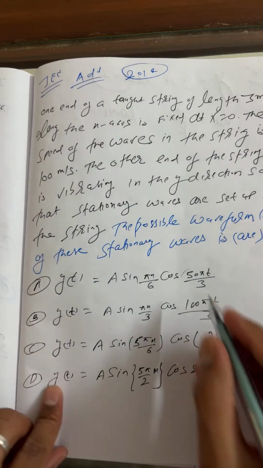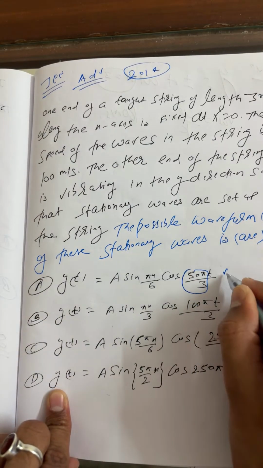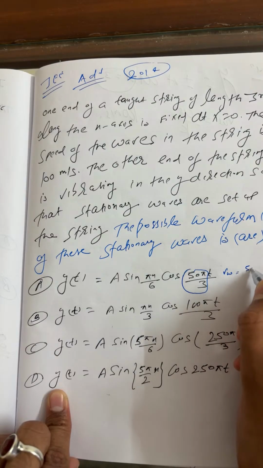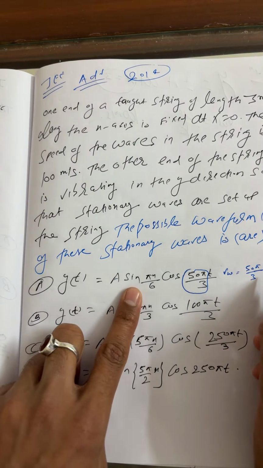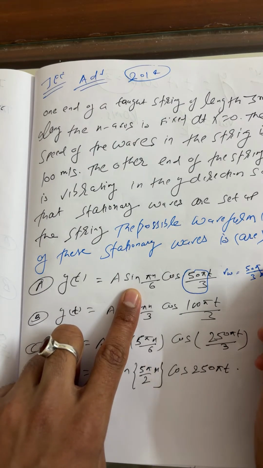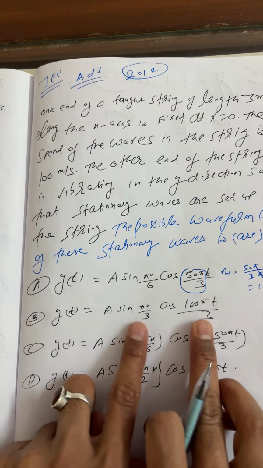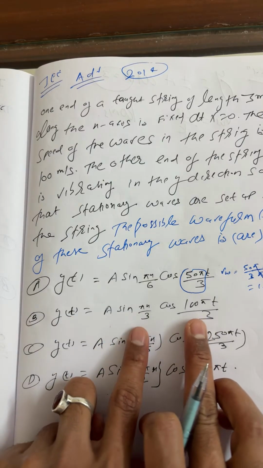Just have a look here. The coefficient of t is 50 pi by 3. Coefficient of t by coefficient of x here, so this is pi into 6. Pi cancels here, and this is coming 100. Here again, beta, 100 is coming. This is also coming 100.